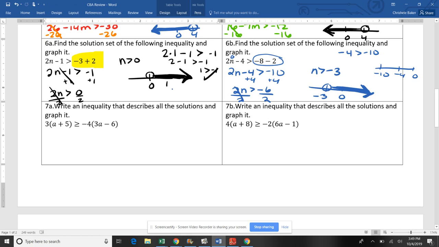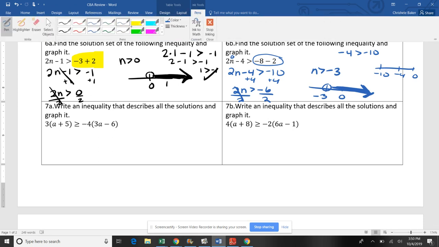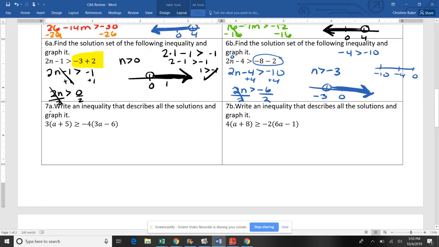Okay, number 7. Write an inequality that describes all the solutions and graph it. So again, using distributive property, 3 times a is 3a, 3 times 5 is 15, negative 4 times 3a is negative 12a, and negative 4 times negative 6 is plus 24.